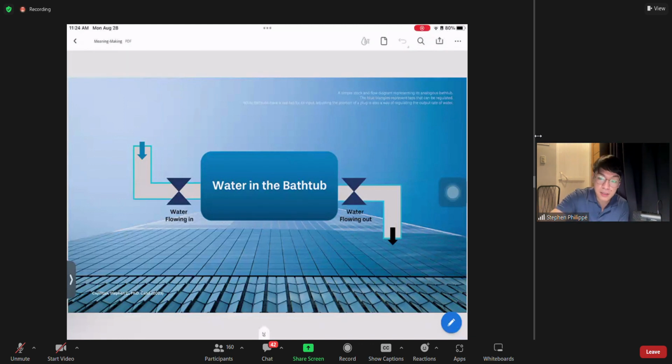Like you can see here the two triangles of water flowing in and water flowing out. It is like an adjustment. You can adjust the grid, and then the water will stay in the bathtub. When you adjust this portion, the water flowing out, then the water will exit the bathtub. So the blue triangles will represent the taps that can be regulated, and the plugs are also a way of regulating the output of water.